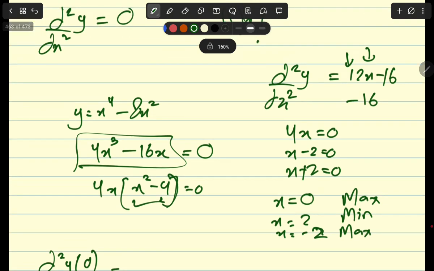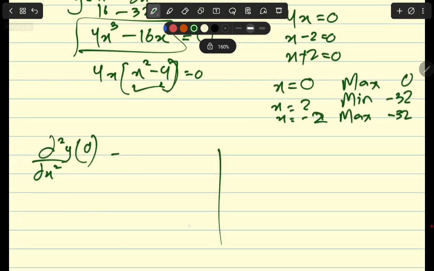Now let's find the corresponding y values here as well. At x equal to 0, y is 0. At x equal to 2, y is 16 minus 32, which is minus 16. And at x equal to negative 2, it is 16 minus 32 again, so this is minus 16 as well.